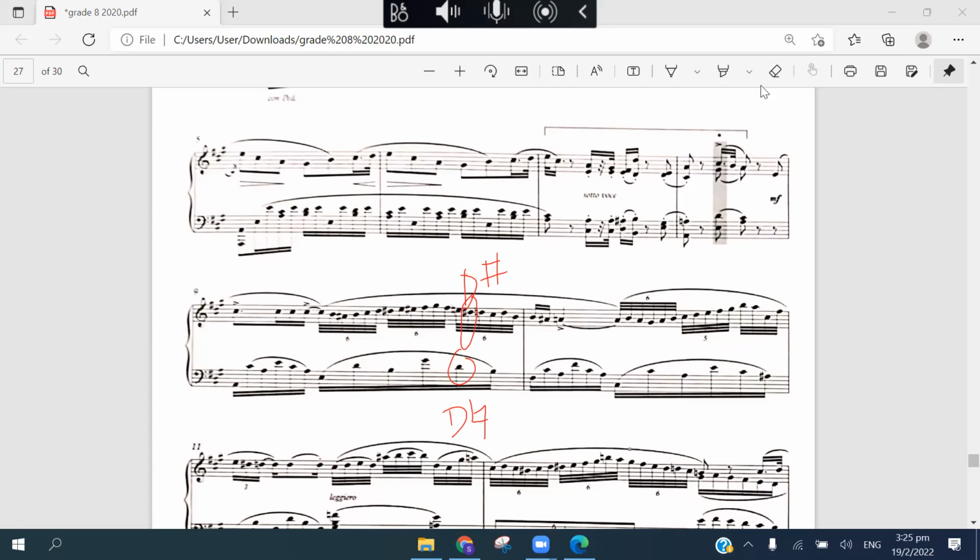Any other? Any other like answer of this? 有时候还会有 more than one answer 的。Yeah. Bar 9 is correct.